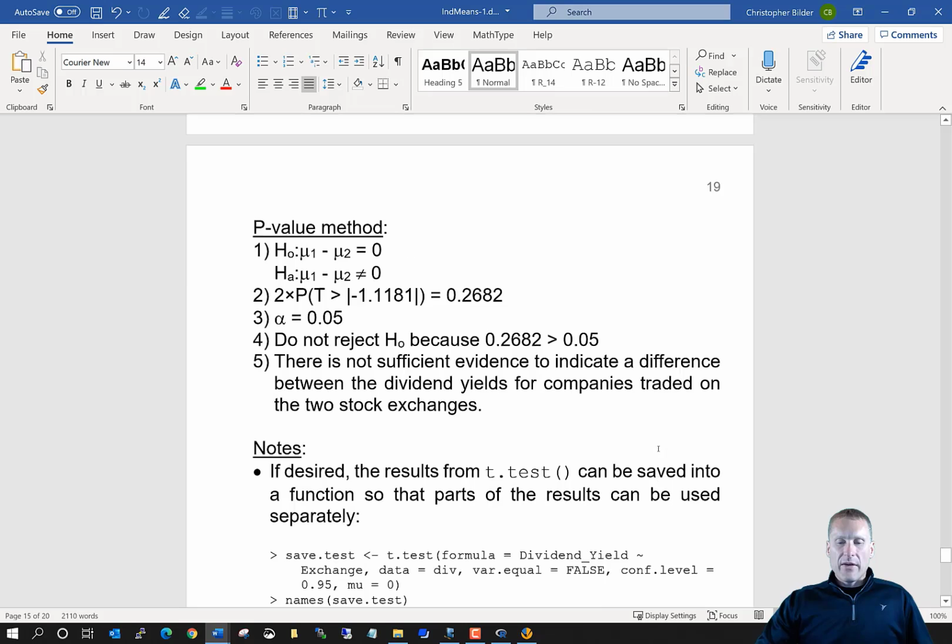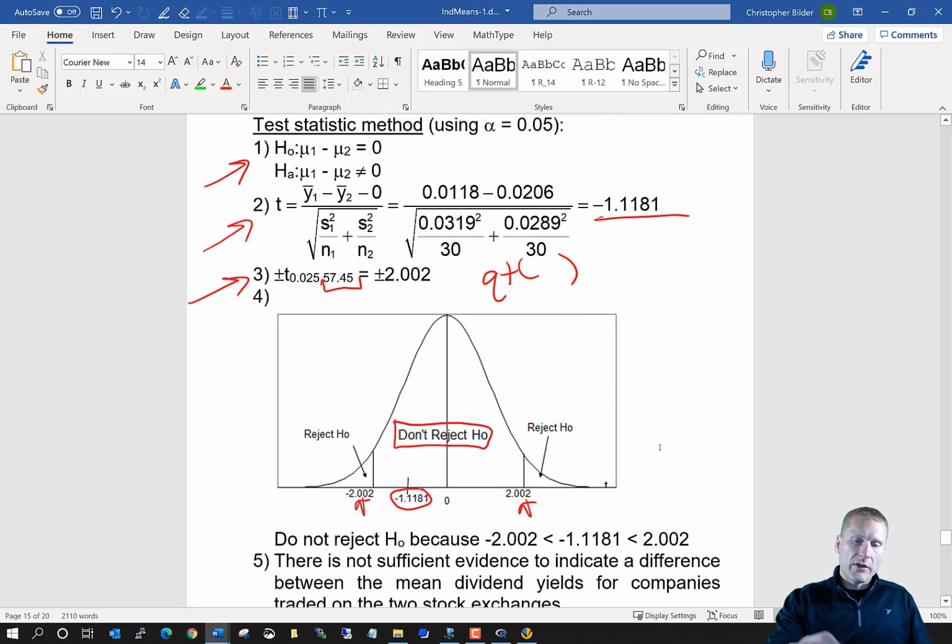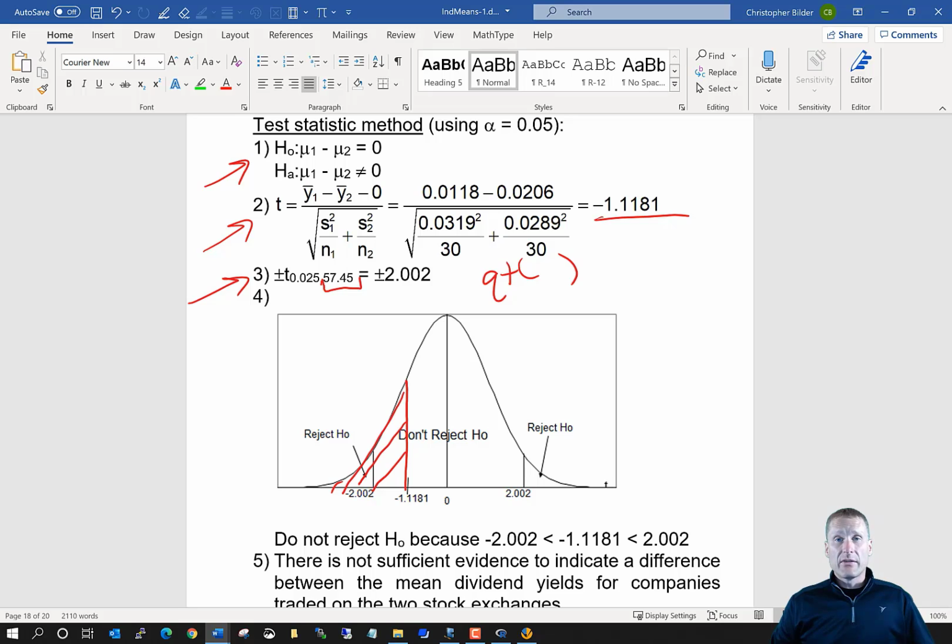In terms of the p-value method, look how we're going to actually calculate that. Again, a p-value measures how extreme a test statistic is relative to the t-distribution. So if we look at this area underneath the curve, that gives us our measure of extremeness.